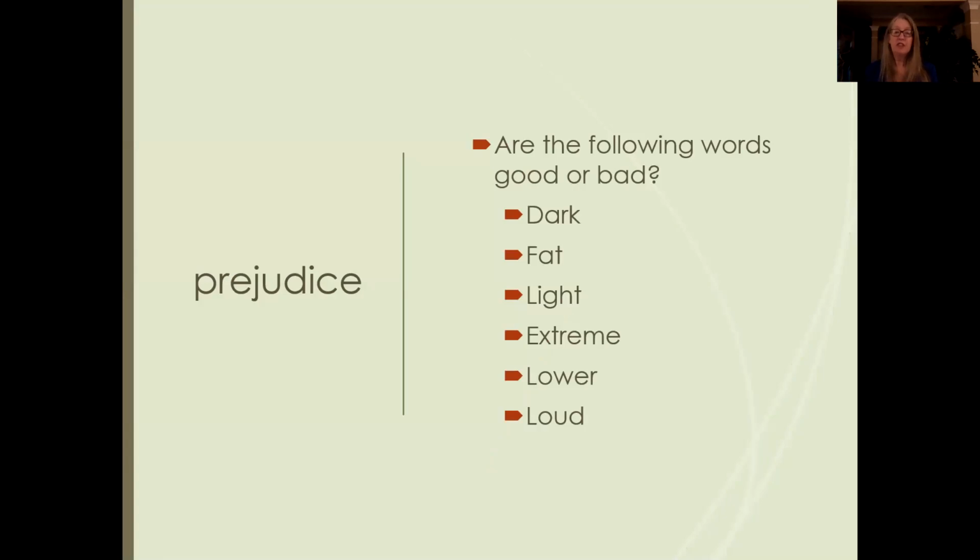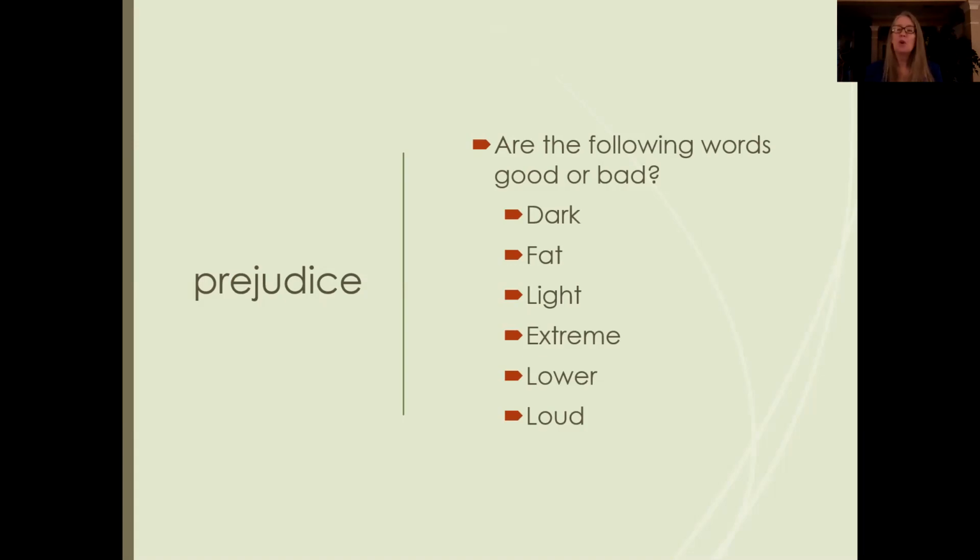She says that in her classes, the majority of students file dark as bad, fat as bad, light as good, extreme is about 50-50. Half the class will have it as good, half the class will have it as bad. Lower is bad, and loud is bad.